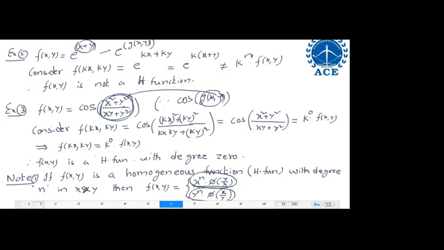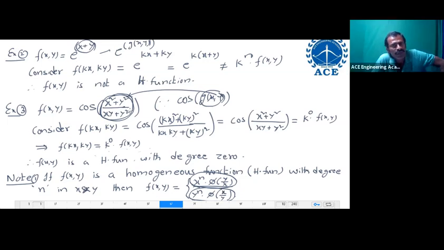Okay, so if it is degree 0, then only it is homogeneous, sir? Yes, for transcendental functions. Take any transcendental function, log, tan inverse, cot, e power, sin of something: if the inner function is homogeneous with degree 0, then the main transcendental function will be homogeneous with degree 0.